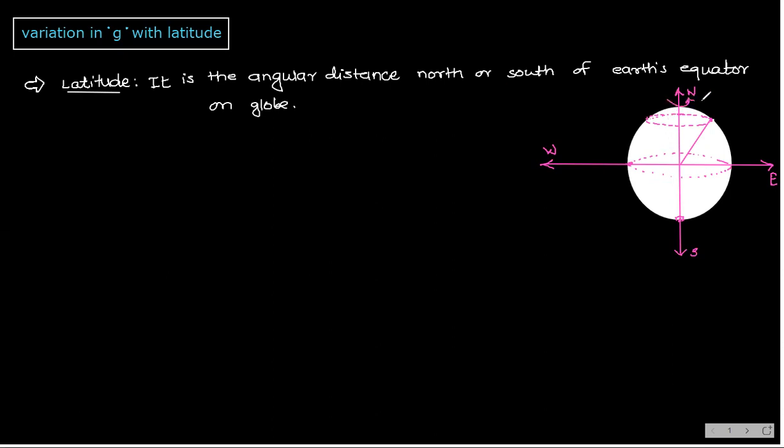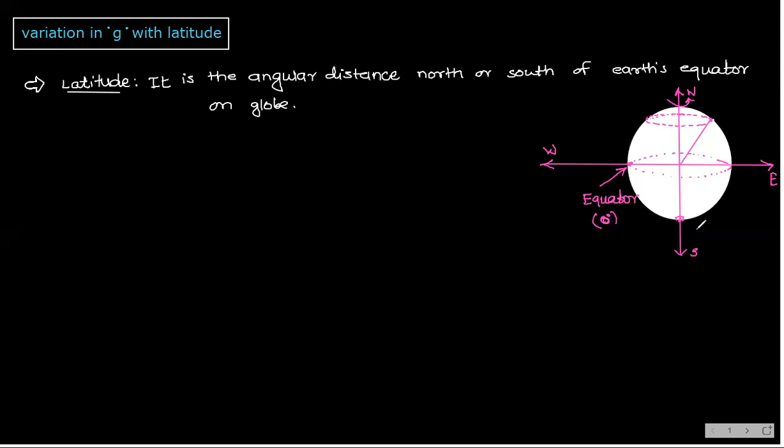Now see, this is what? Equator of Earth. And here the latitude is how much, 0 or 90? 0 degree at the equator.